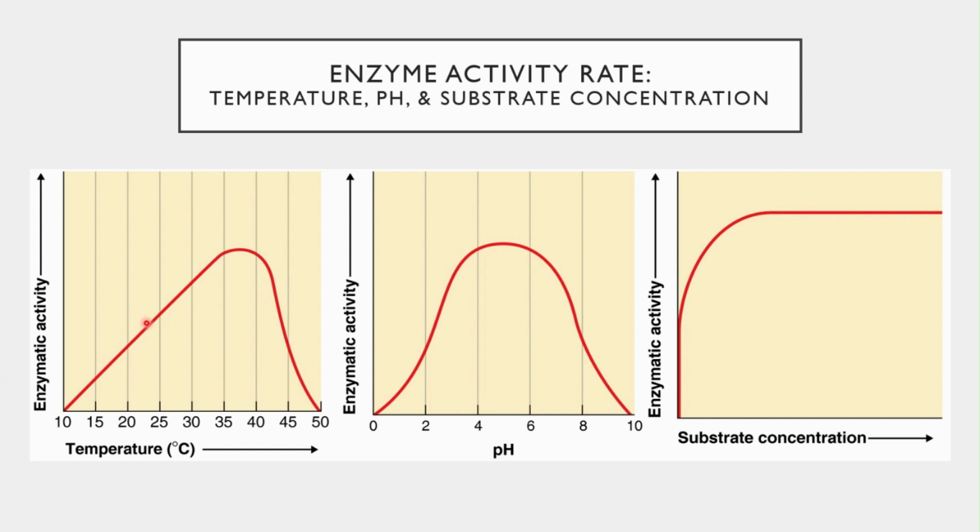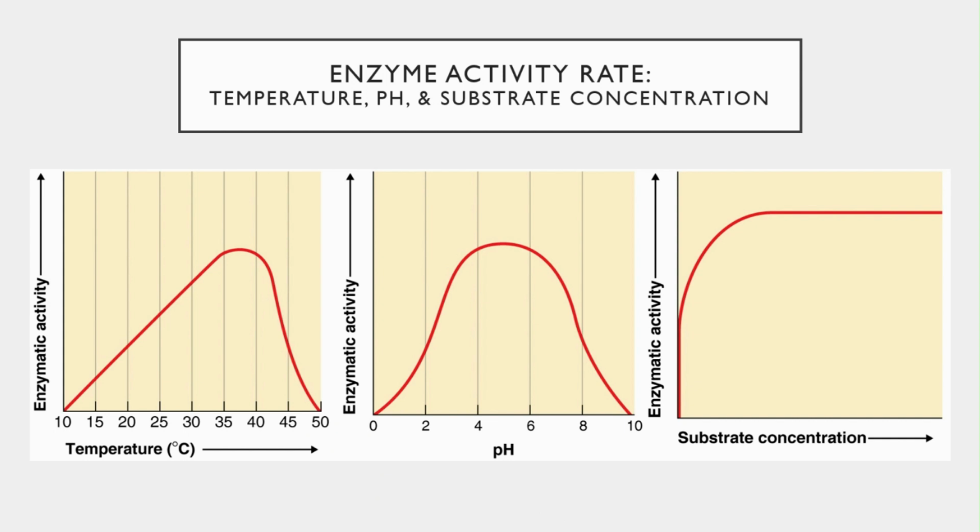And thereafter, we're going to see a sharp decline in productivity or enzymatic activity from this enzyme due to the fact that this enzyme is now being denatured. And once it's reached a certain temperature, it's fully denatured and there's no activity at all.